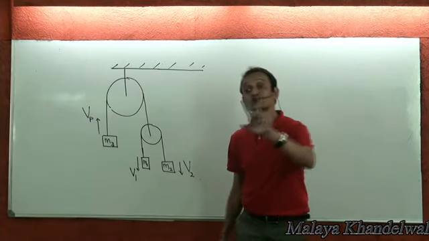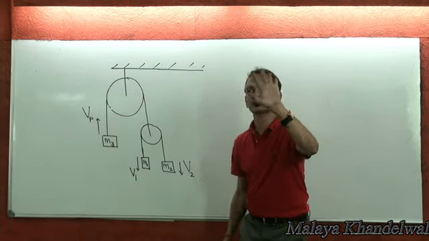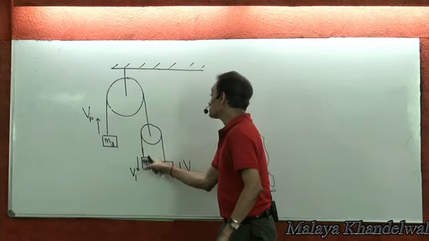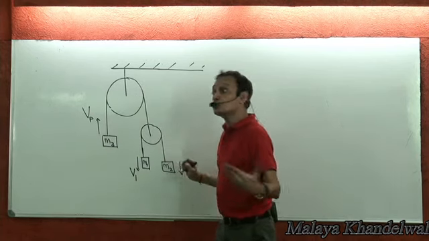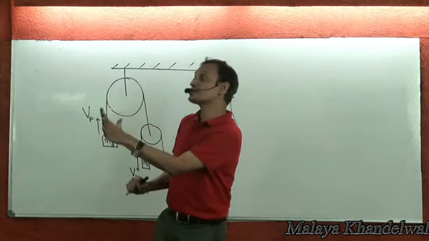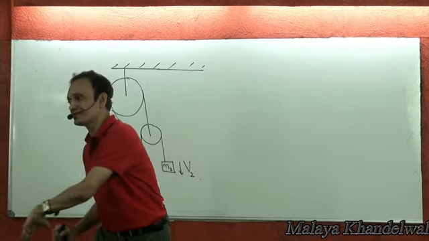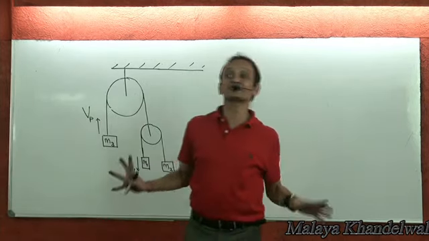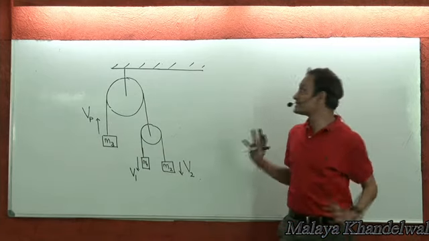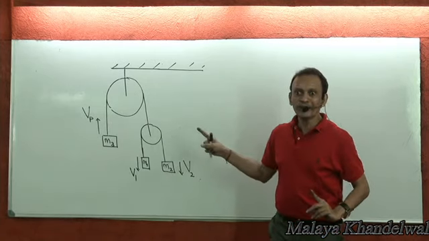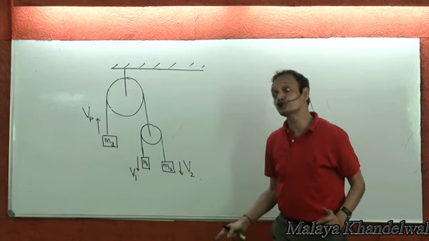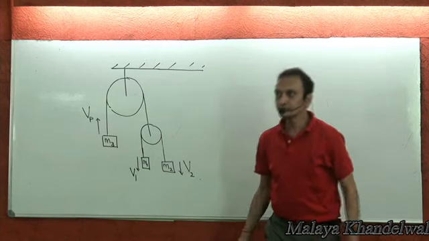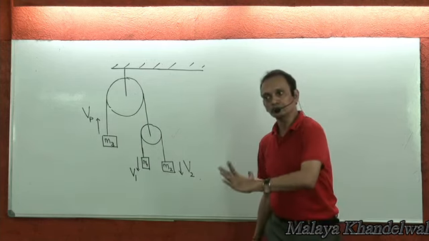Now, there are two strings here, two pulleys and two strings. This is one string, this is another string. To each string, the string constraint would have to be applied separately. You don't mix up string constraints for multiple strings. This time we not only have two pulleys, but we also have two strings, right? One fixed pulley, one movable pulley.